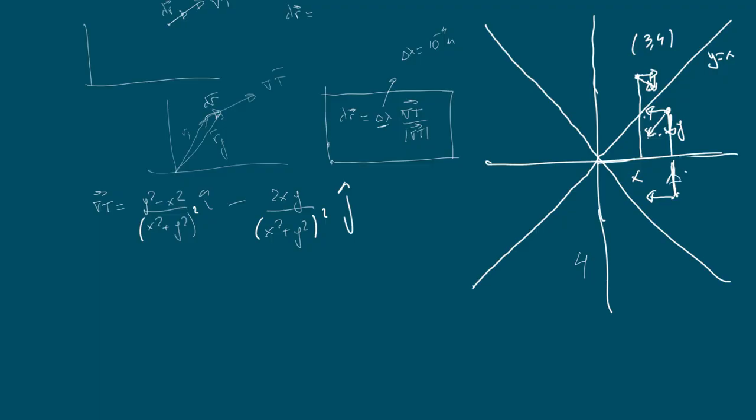So the gradient of T will go in this direction in this zone. But for a point like this, where the x is smaller and the y is very big, the x component will go in this direction. Interesting. And the y component of the gradient will go up. So the gradient of T will go in this direction.